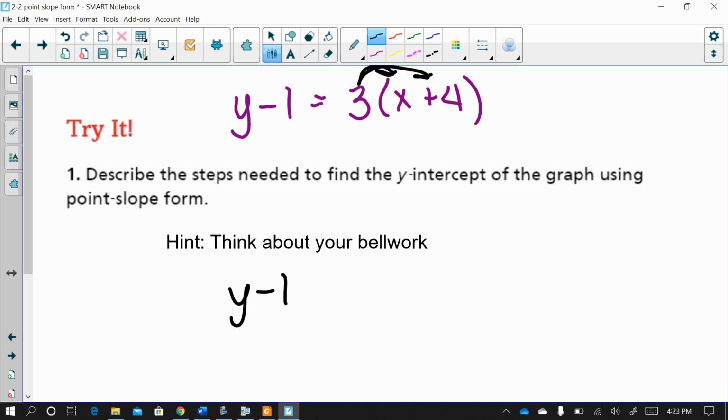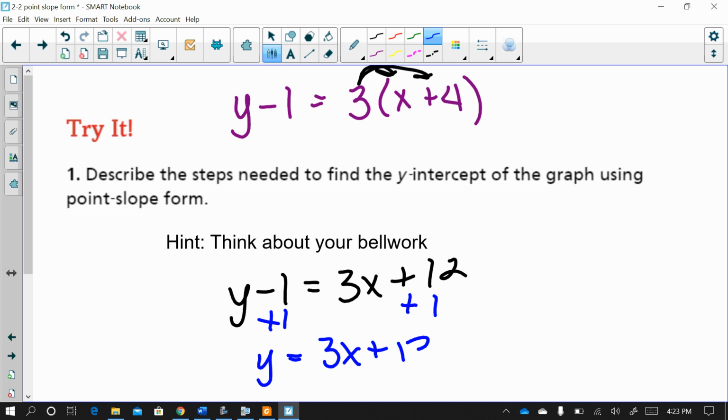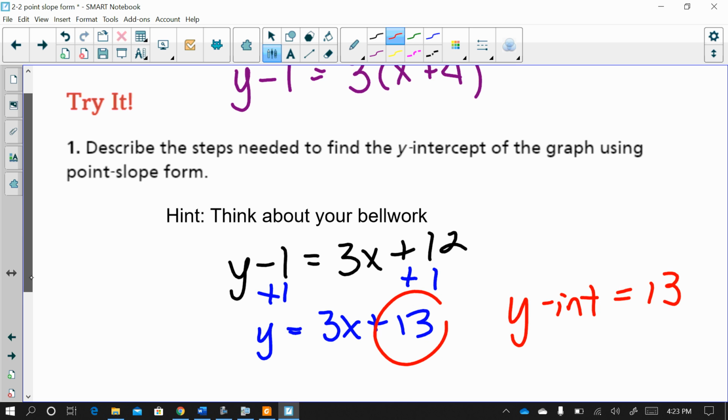Get y minus 1 equals 3x plus 12. Okay, and remember, for the y-intercept, we just need y by itself, so add 1 to both sides. y equals 3x plus 13. Can you tell me what the y-intercept is? Absolutely. Remember, y-intercept is just b. Y-intercept is 13. So to get from point slope to slope-intercept, all you do is distribute and get y by itself. Okay, easy peasy.